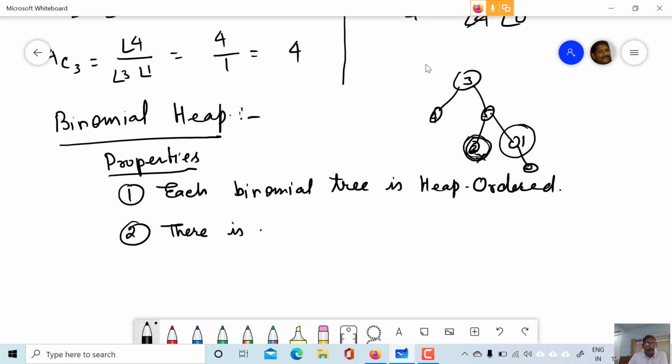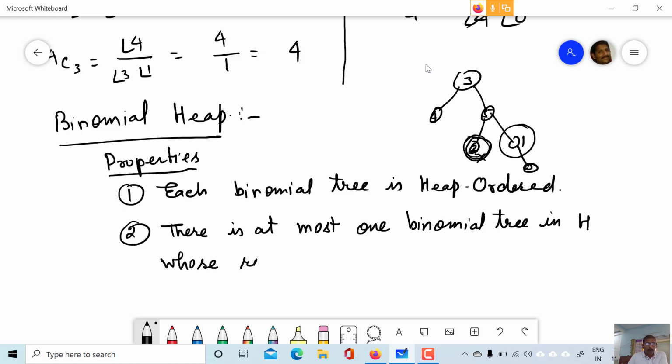There is at most one binomial tree in H whose root has a given degree. What does it mean?